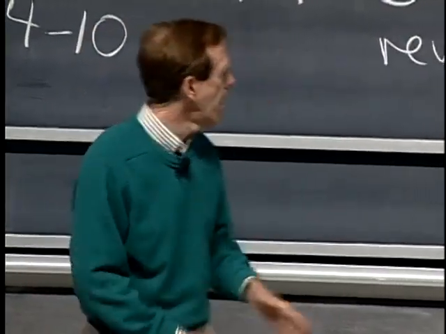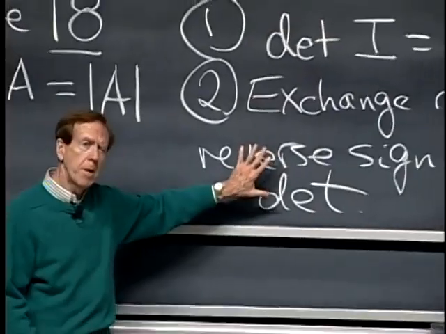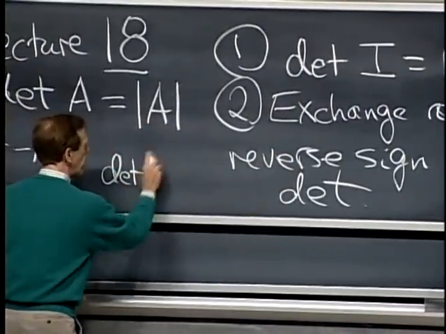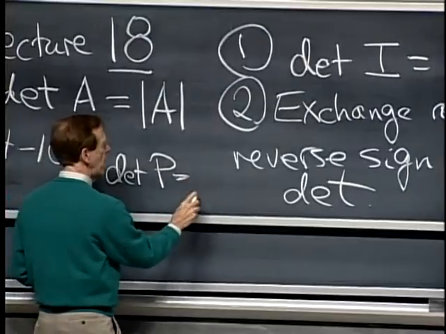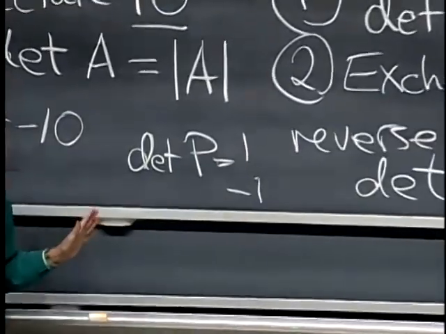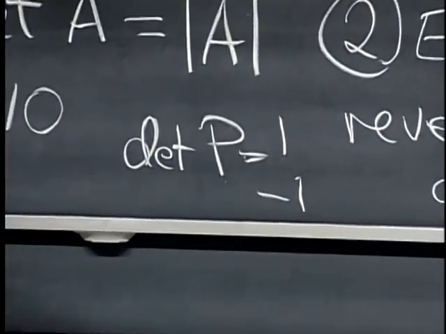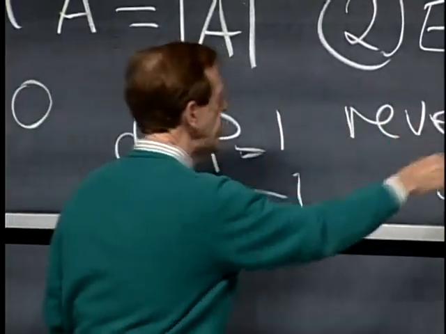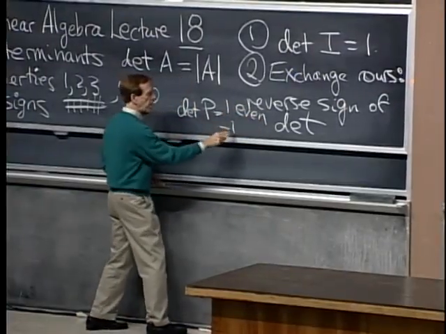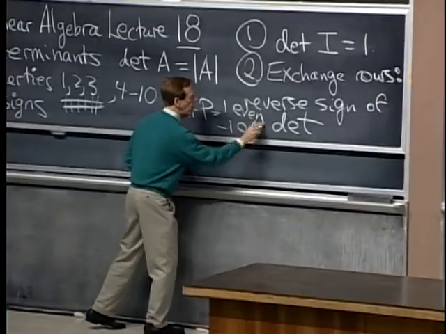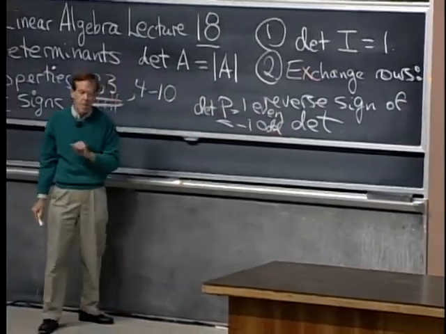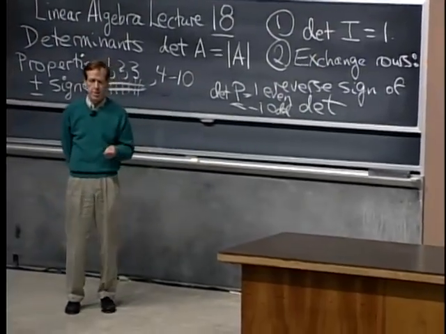At this point, I know every permutation matrix. So now I'm saying the determinant of a permutation matrix is 1 or minus 1, depending whether the number of exchanges was even or odd. So this is the determinant of a permutation. Now P is back to standing for permutation.